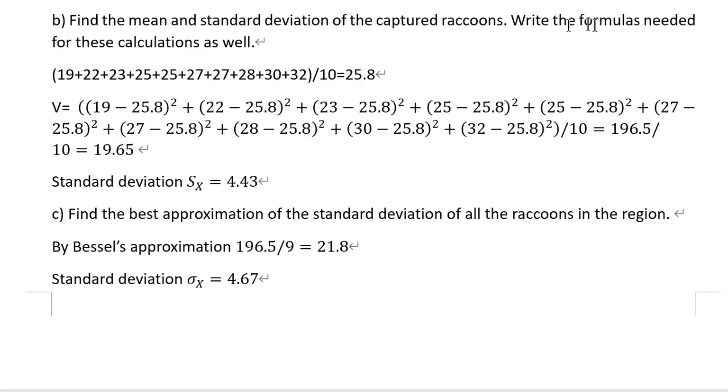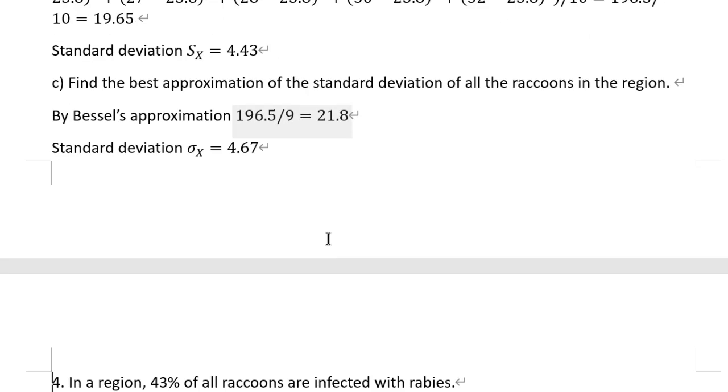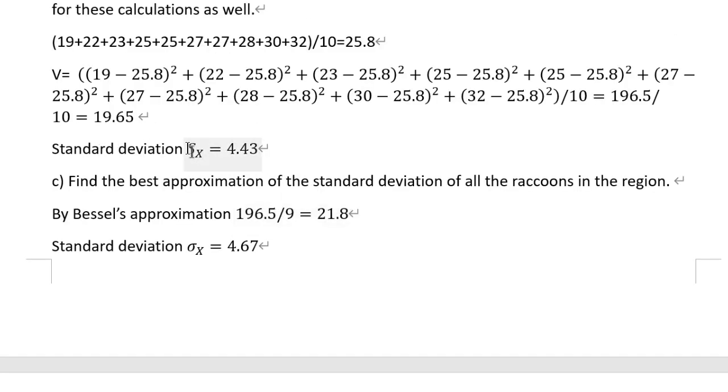But because it says to write the formulas, you should be able to write the formulas. Let me see. Oh, no, sorry, I got this backwards. This should be sigma, and that should be Sx. Because you're considering your thing as a sample, okay?